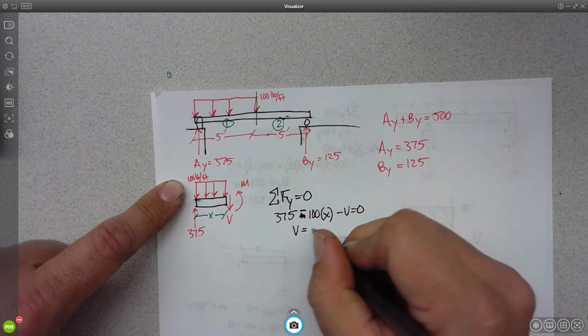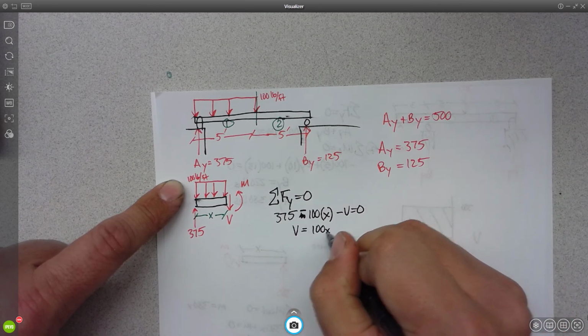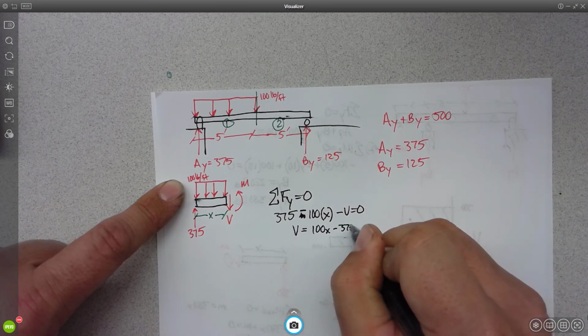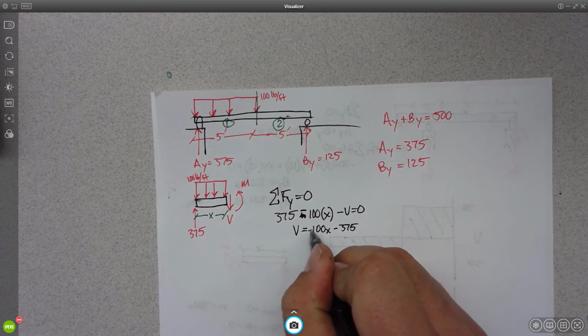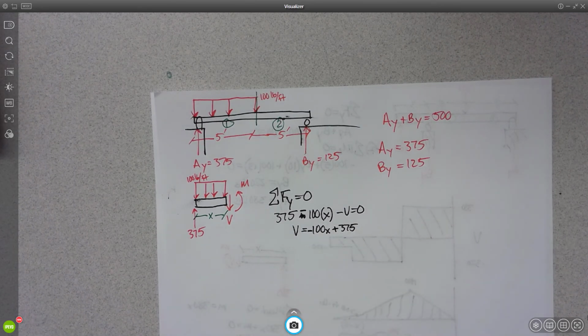Or v is equal to 100x minus 375. I have that backwards because this is negative. So it's negative 100x plus 375. Sorry. So it's 375 minus 100x. Okay.